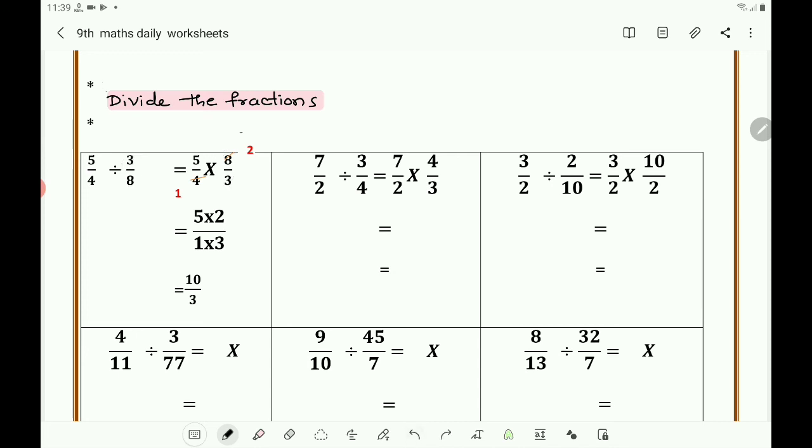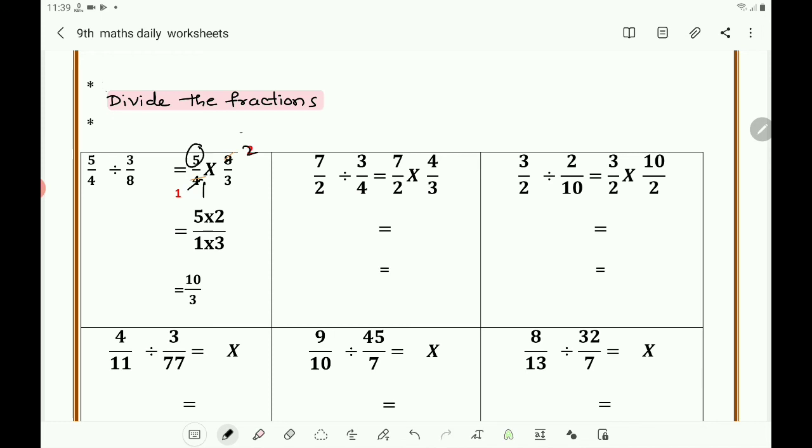Here see the difference in the division symbol. In the place of division symbol we have taken the multiplication, and we have taken the reciprocal of the second one. These two are same. Now try to cancel here. Here you can cancel, 4 ones are 4, 2 twos are 4.